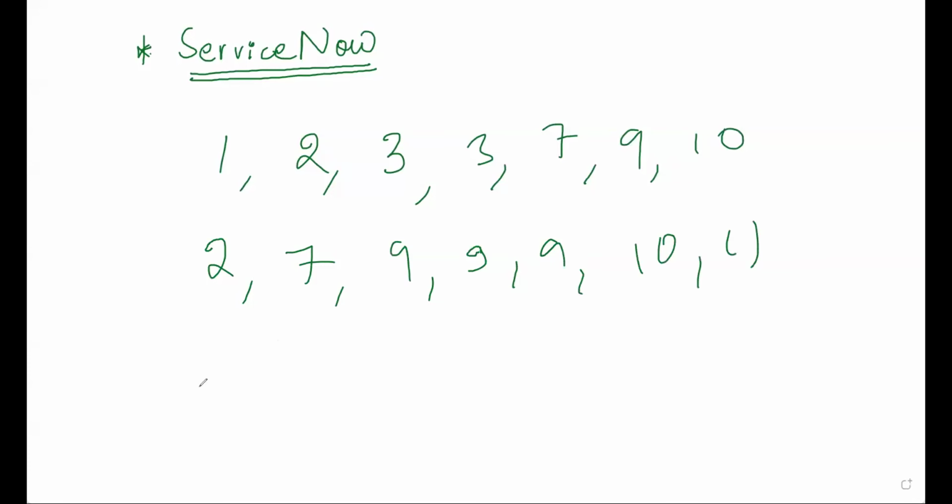Then let us take 3, 7, 9, 10. I'll take 1 here: 1, 7, 9, 10, and 15 is there. Suppose this is my array 1, this is my array 2, this is my array 3.